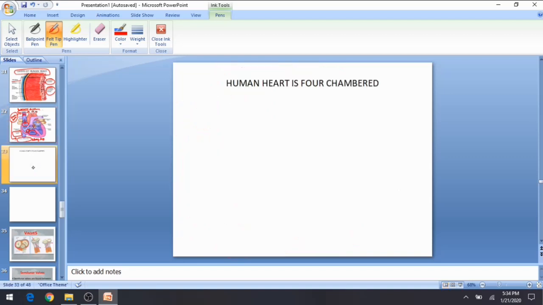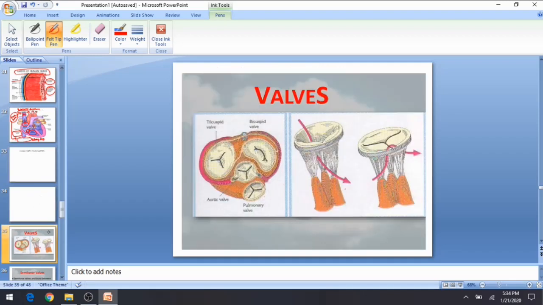If we talk about human structure, there are several valves present.